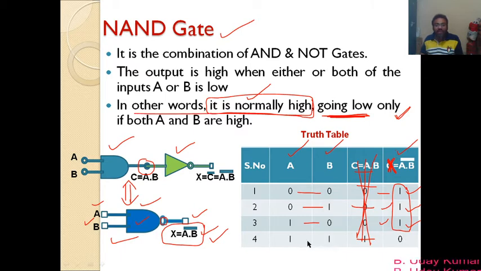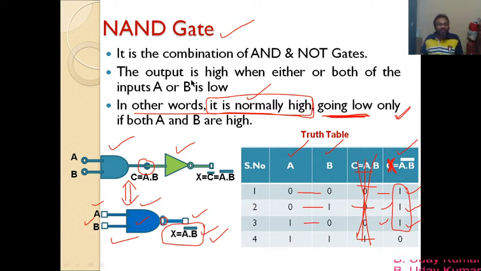When both A and B are 1. That condition is mentioned here as the definition of the NAND gate in the third step. So the NAND gate is defined as a gate whose output is normally high and going low only when both A and B are high. This becomes one definition of the NAND gate.